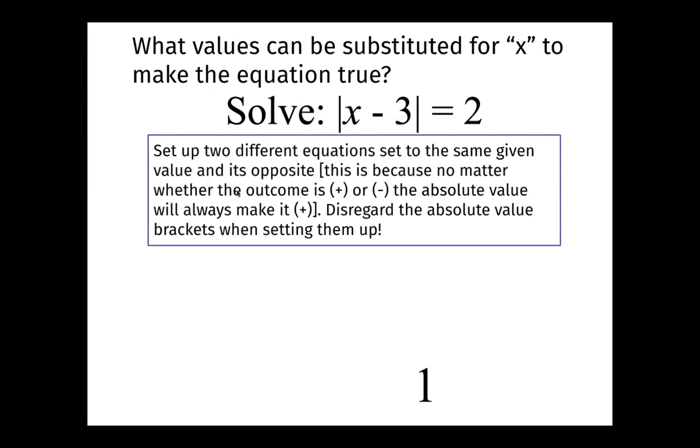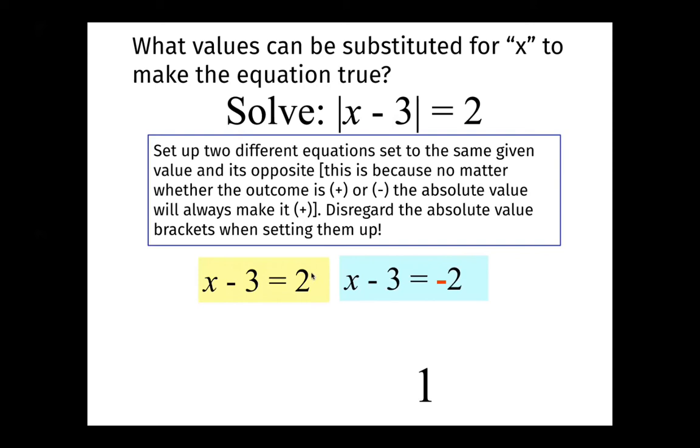This is because no matter whether the outcome is positive or negative, the absolute value will make it positive. So for now, we're going to disregard the absolute value brackets when we're setting them up. When I say to set to the same given value and its opposite, I just mean to set x minus 3 to 2 and also set it to negative 2.